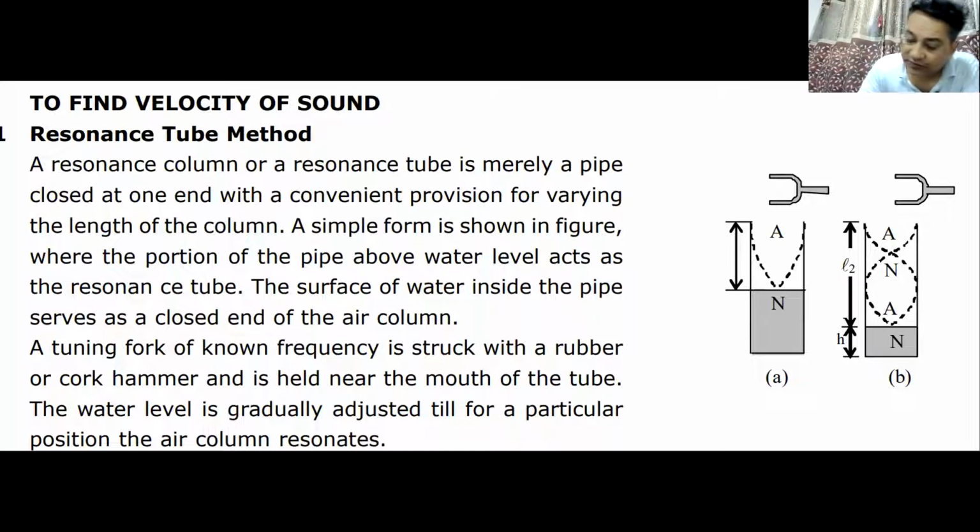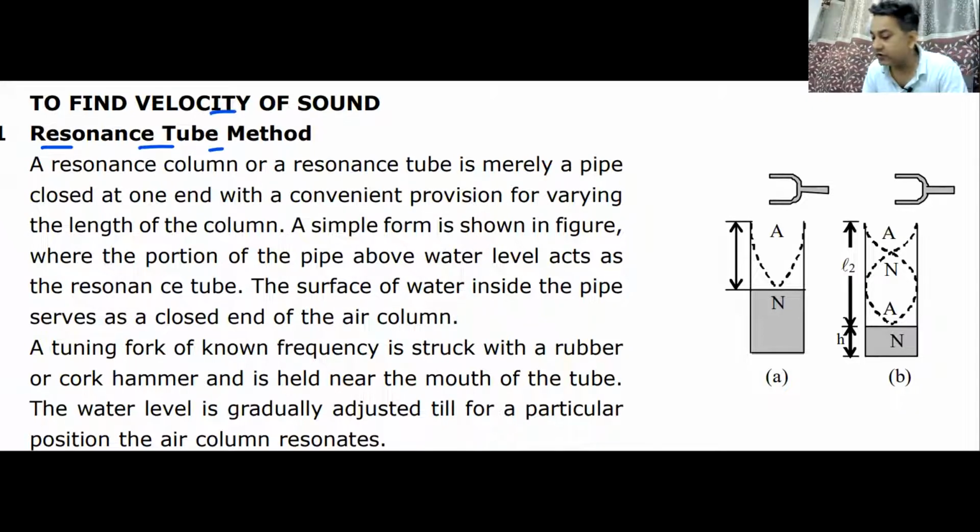The first one is known as the resonance tube method to calculate the velocity of sound. What is this resonance tube method? You have a column or a resonance tube, which is nothing but a pipe which is closed at one end. A simple form is given here.